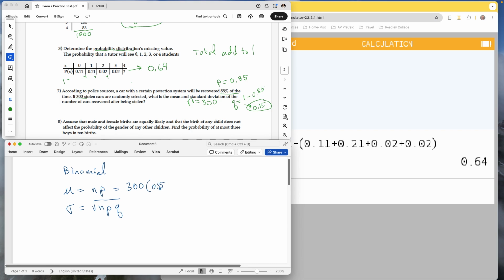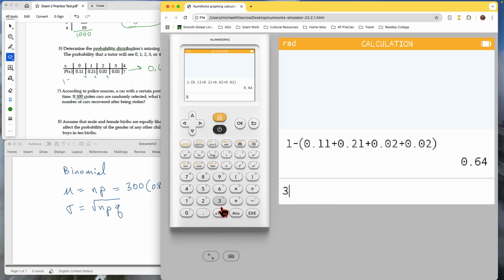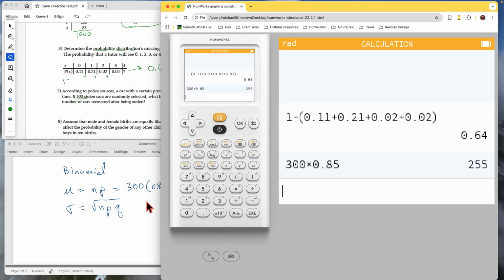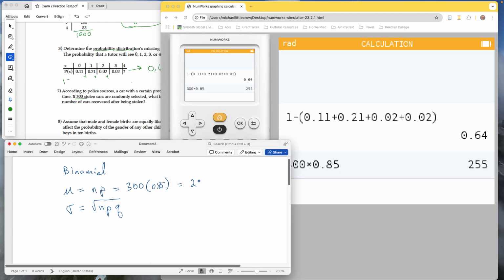Let's calculate that. 255, that's our mean. The standard deviation will be the square root of 300 times 0.85 times 0.15.